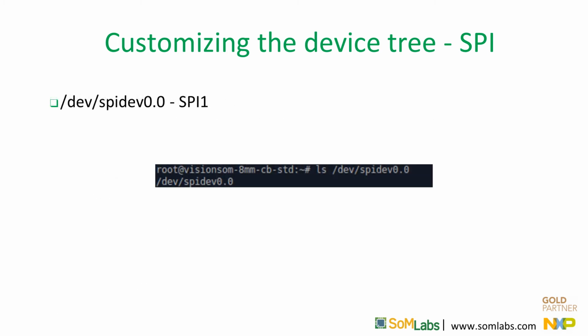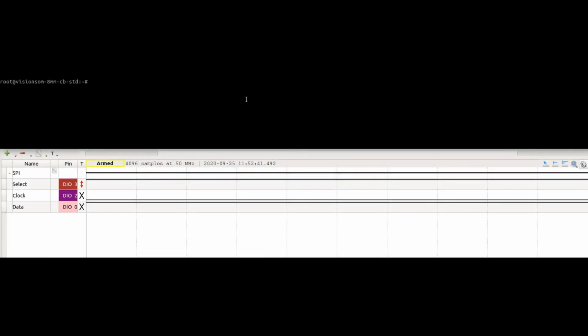After compiling these changes, we will see a new device, dev SPI dev00, which we can use again for writing and reading. We can verify this by connecting, for example, a bus analyzer to the pins of the SPI interface.